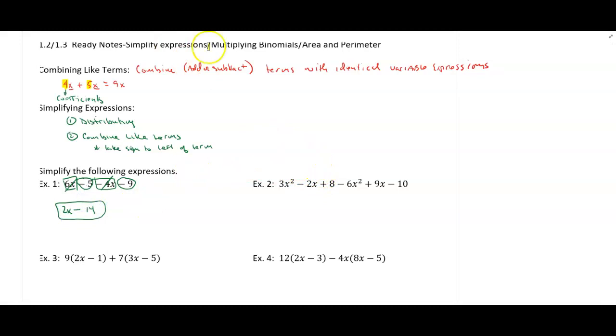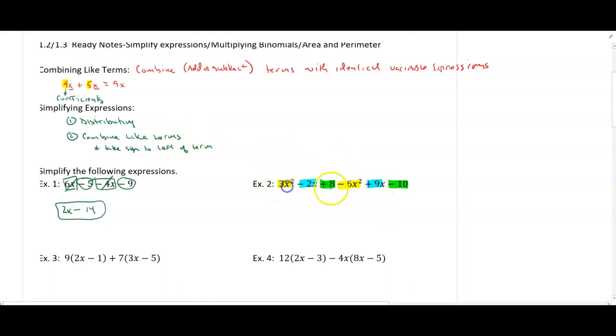The next one. Even if you have colored highlighters, right? I have my x squared. No more x squared, so now I move on to my x terms. I have x. Then my constants, right? So the yellows go with the yellows, the blues go with the blues, the greens go with the greens.